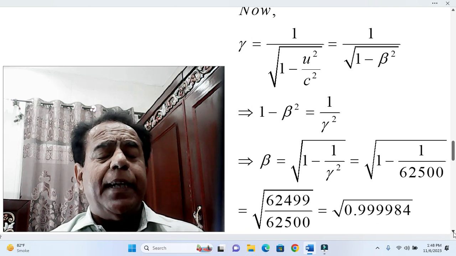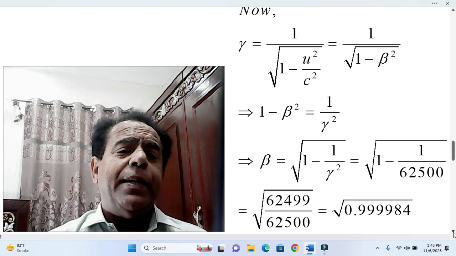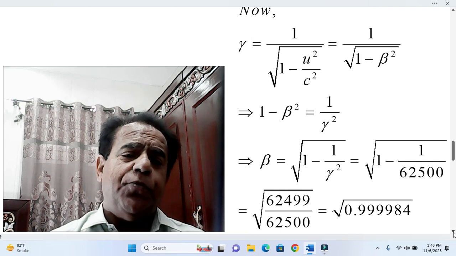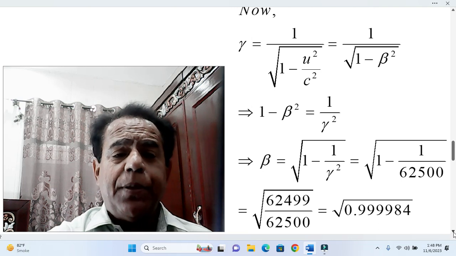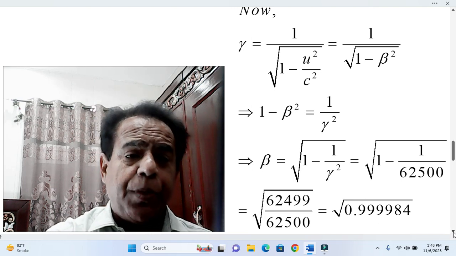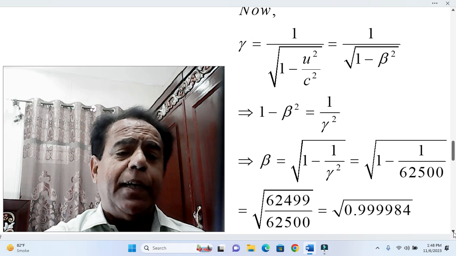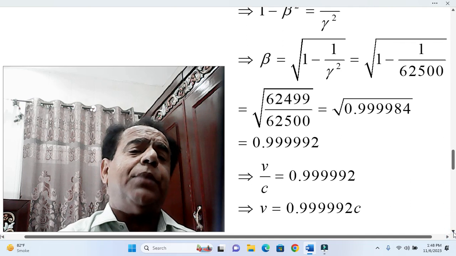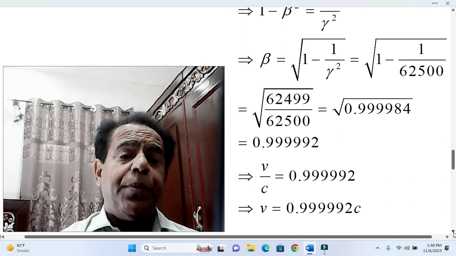After this we will take the square of both sides, so we get 1 minus beta square equal to 1 over gamma square. From here, beta square will be equal to 1 minus 1 over gamma square, and then we take the under root on both sides, and hence beta becomes equal to under root of 1 minus 1 over gamma square.